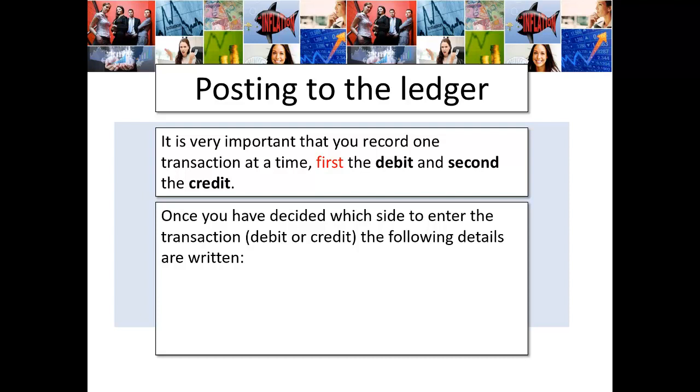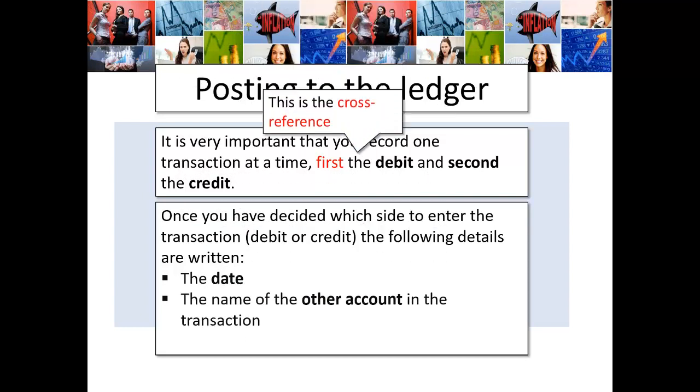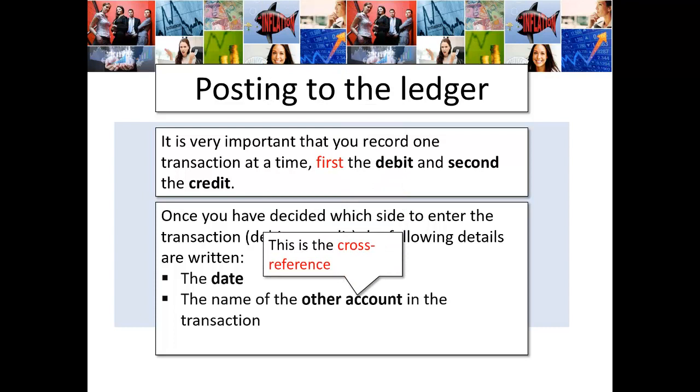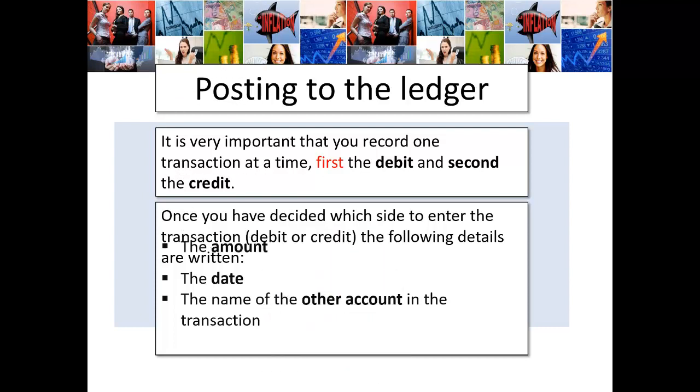Once you've decided which side to enter the transaction, the debit or credit, the following details are going to be written: the date of the transaction, the name of the other account in the transaction. Remember, we've always been specifying two accounts for each transaction. Now the other account becomes a cross-reference. And of course the amount, the all-important amount of the transaction.